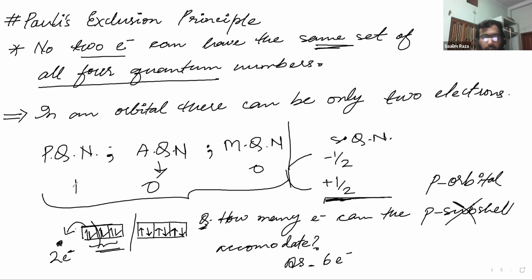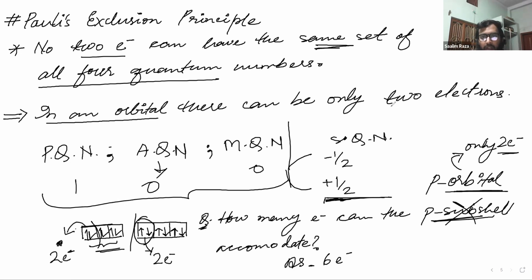Now see, take any one of the orbitals in the p subshell. How many electrons can it accommodate? Only 2 electrons. So irrespective of what the subshell is, the orbital always and always will accommodate only 2 electrons. In an orbital, there can only be 2 electrons.